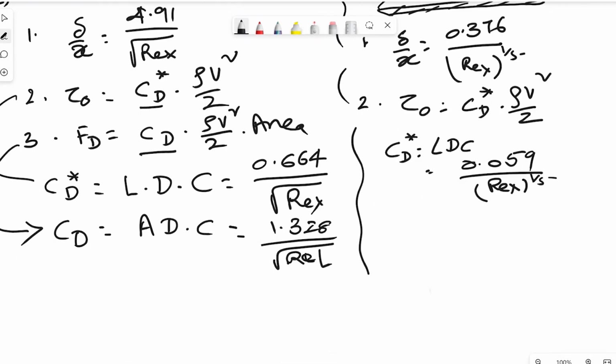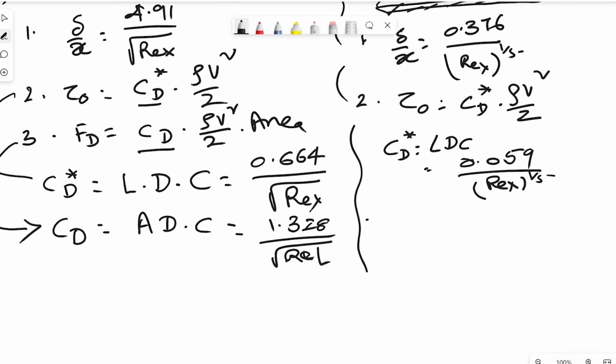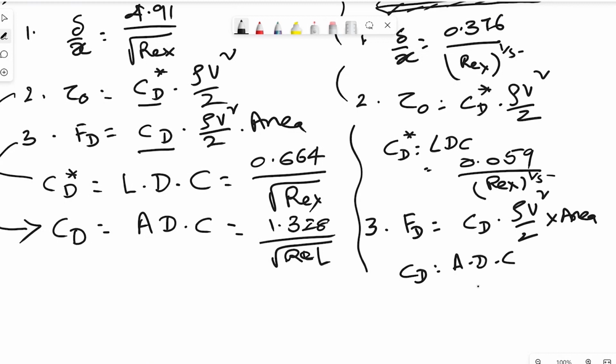And the third one is FD, the drag force on one side of the plate, equal to CD into rho V square by 2 into area. Naturally this CD is called the average drag coefficient, and it is equal to 0.074 divided by REL to the power of 1 by 5. You should remember this.